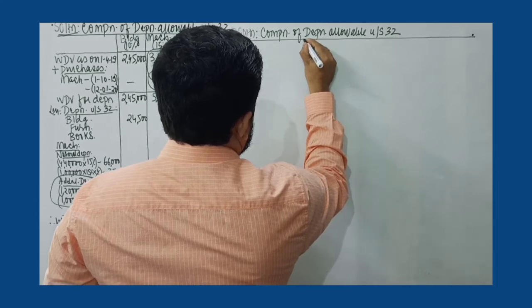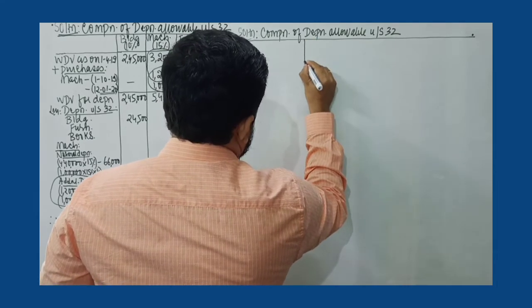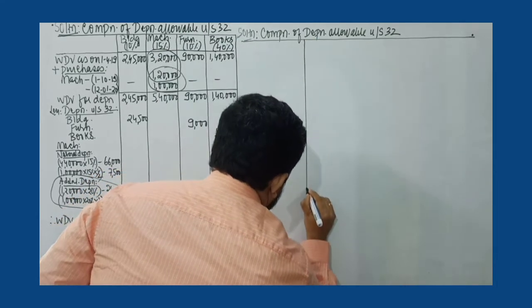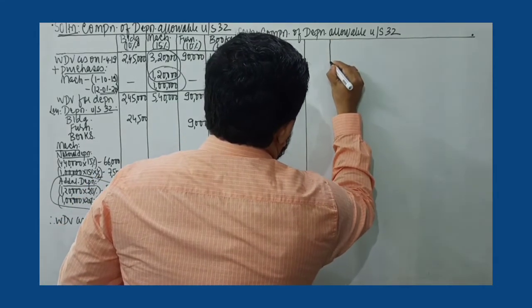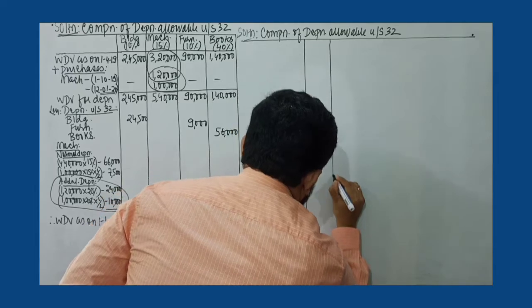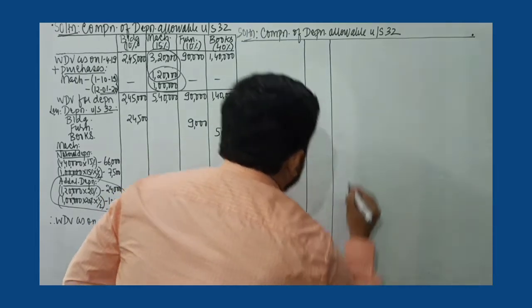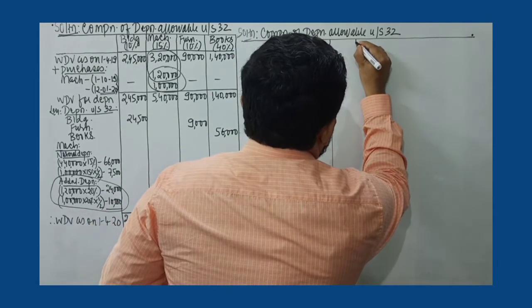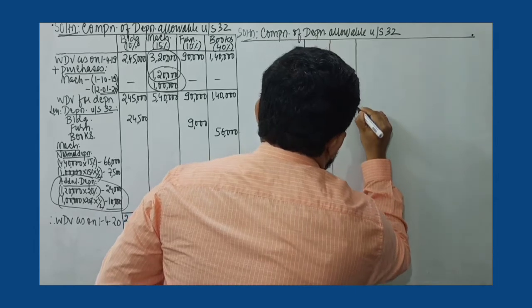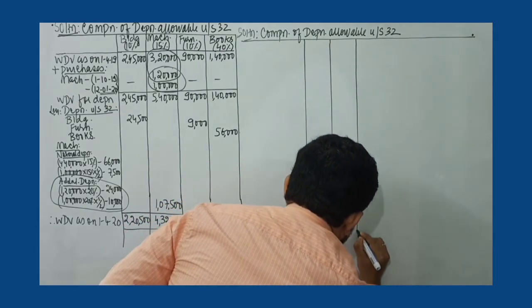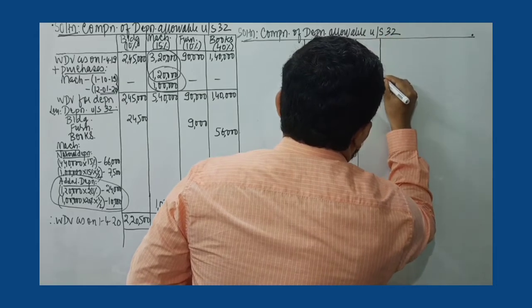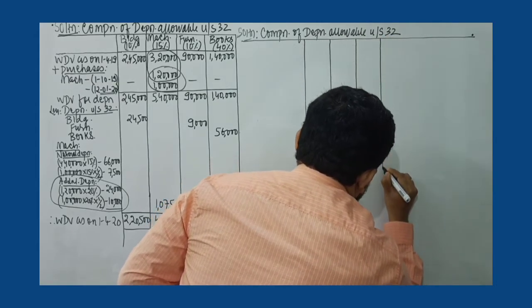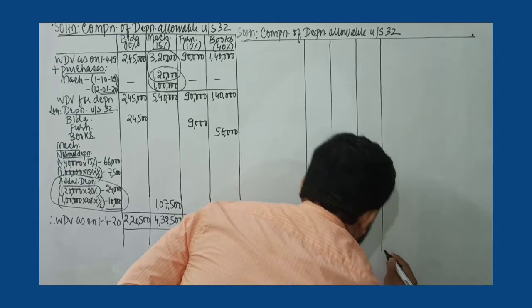So I'll prepare small amount columns. Slightly lengthier problem. So this is the first block. Then we will take the second block. The third block.